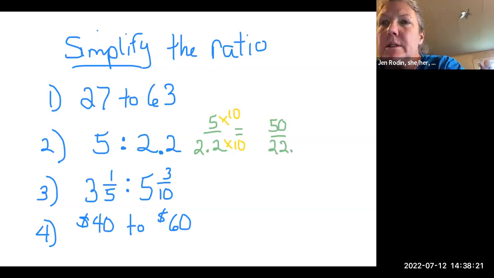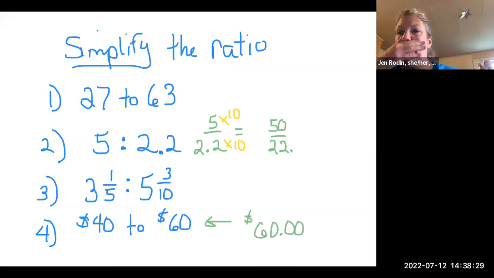Just like with money, we don't show it. Like with these, I didn't write 60.00, although that wouldn't be wrong either. But we don't always have that decimal in there. Anyway, this one wasn't quite finished though. Here we go.